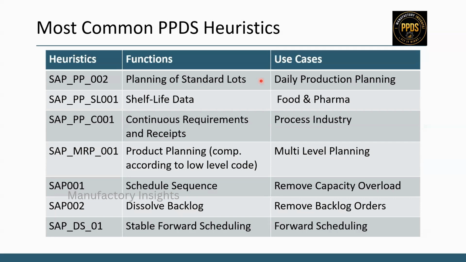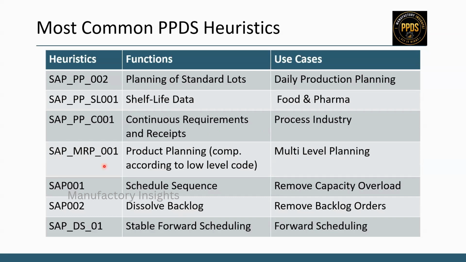Now let's look at some commonly used PPDS heuristics. SAP_PP_002 is one of the most frequently used heuristics for standard lot size planning. Then SAP_PP_SL_001 supports shelf-life planning scenarios. The next one, SAP_PP_C001, is useful in continuous planning environments, especially in process industries.